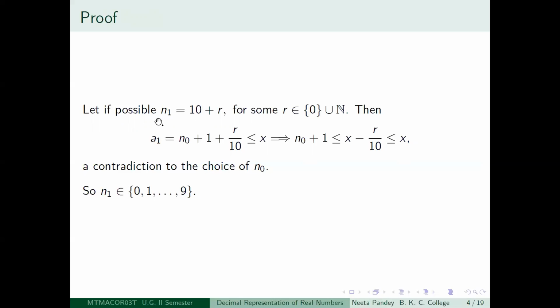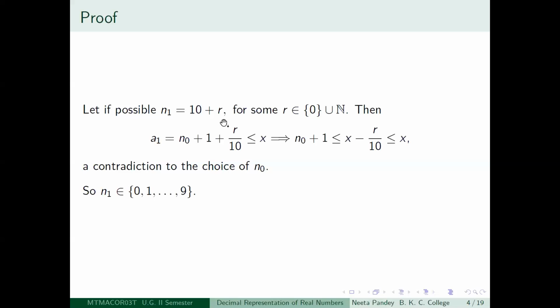So to prove that it will take only these values, we assume to the contrary that n1 is not equal to one of these, so it has to be greater than 9. So it would look like 10 plus something, that something being a non-negative integer, right? So it will be 10, 11, 12 or something like that.